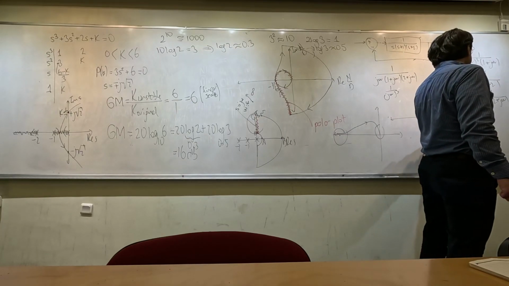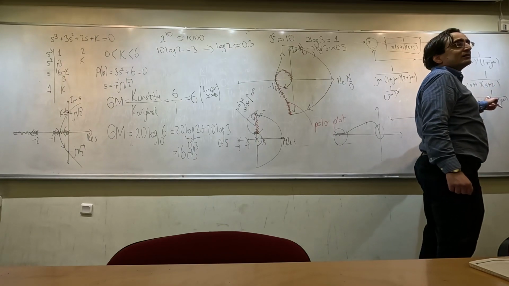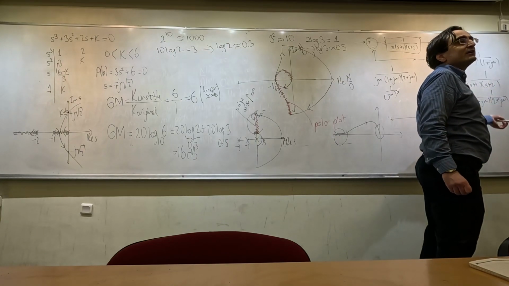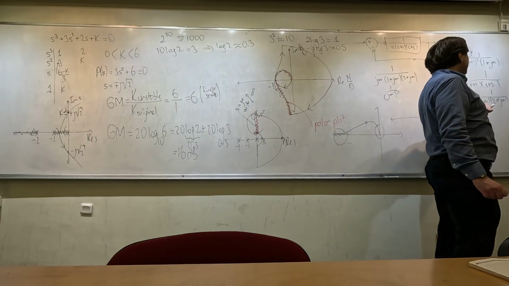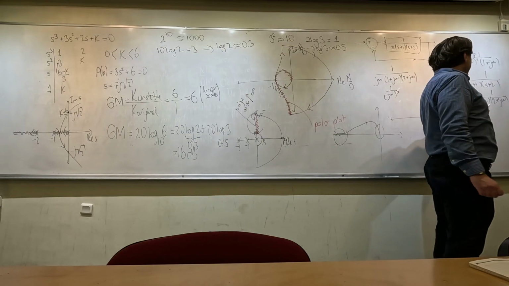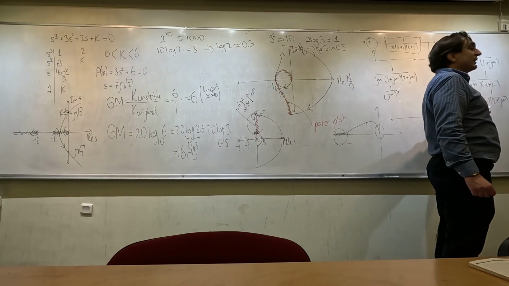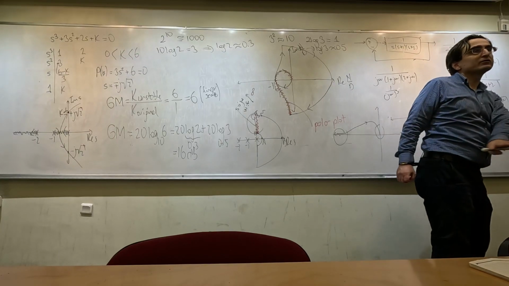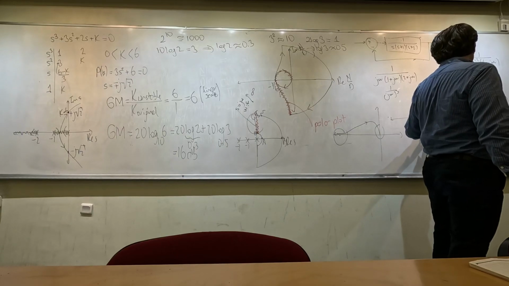That actually means that, when I look at this thing, because it doesn't have any zero, phase is always going to decrease for this transfer function. As omega increases, the phases of these complex quantities will increase, and because they are in the denominator, phase is always going to decrease. That means the polar plot is going to come here.